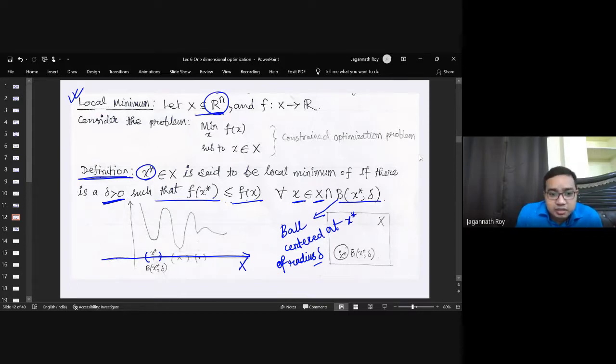That means this is nothing but x star minus delta to x star plus delta, the open interval. In this interval, take any point x; f of x star will be minimum. We are not bothered about the other points now. We are only focusing on the local.